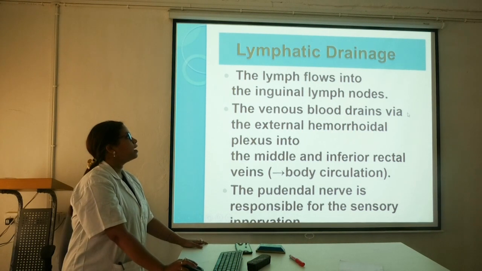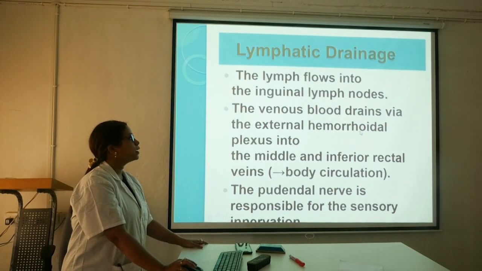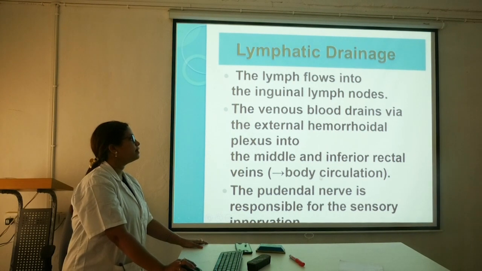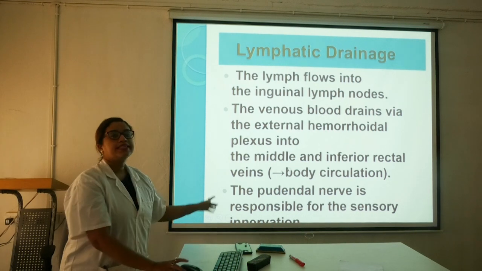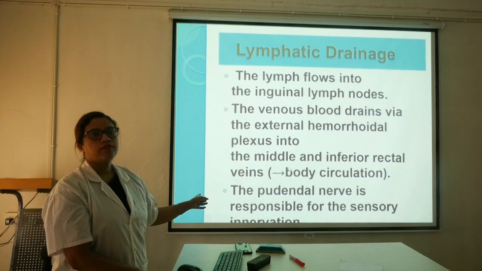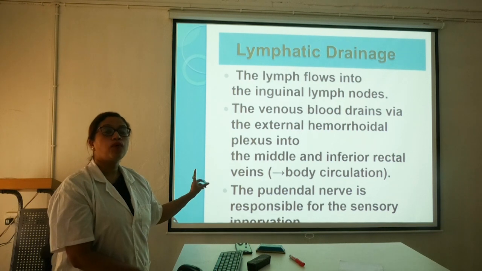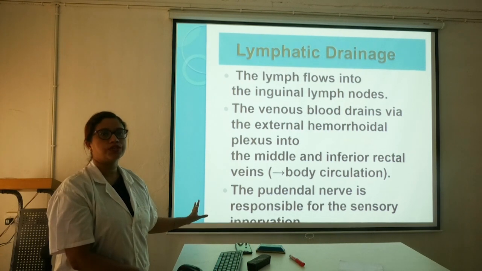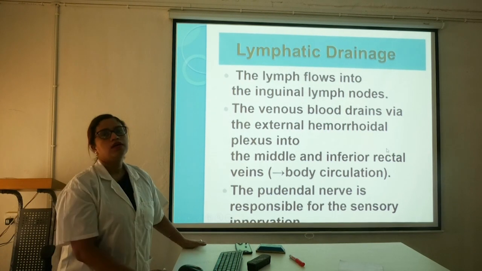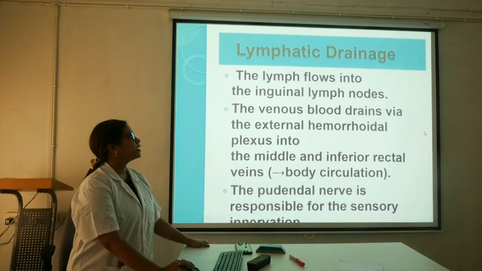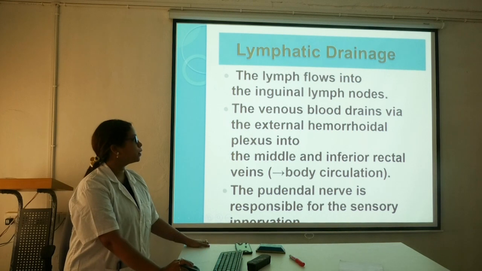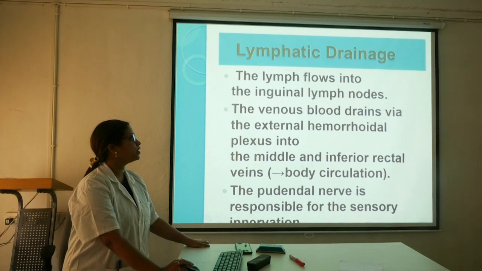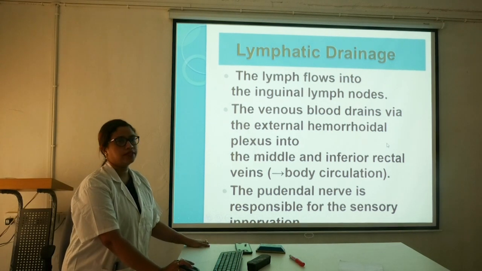Then venous blood is drained by the external hemorrhoidal plexus into the middle and inferior rectal veins, that is body circulation. So this would be the answer. Okay. What about the hemorrhoid circulation? The venous blood is carried by the external hemorrhoidal plexus to the inferior and middle rectal veins.